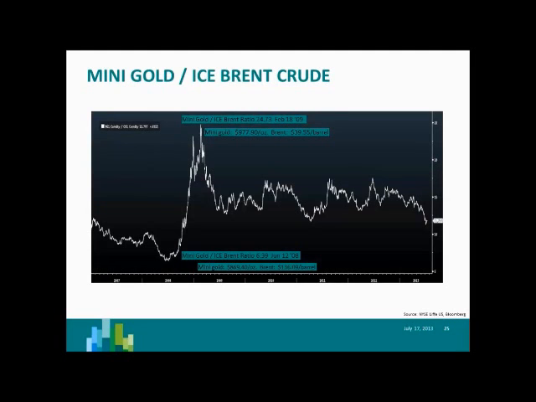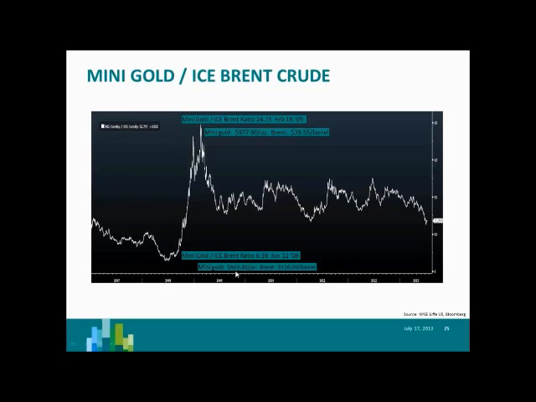And you can see here that the low of this ratio trade would have been in 2008, June 12th, when mini gold divided by ICE Brent traded as low as 6.39. So mini gold would have only bought less than 7 barrels of oil. Mini gold per ounce would have bought 6.39 barrels of oil.